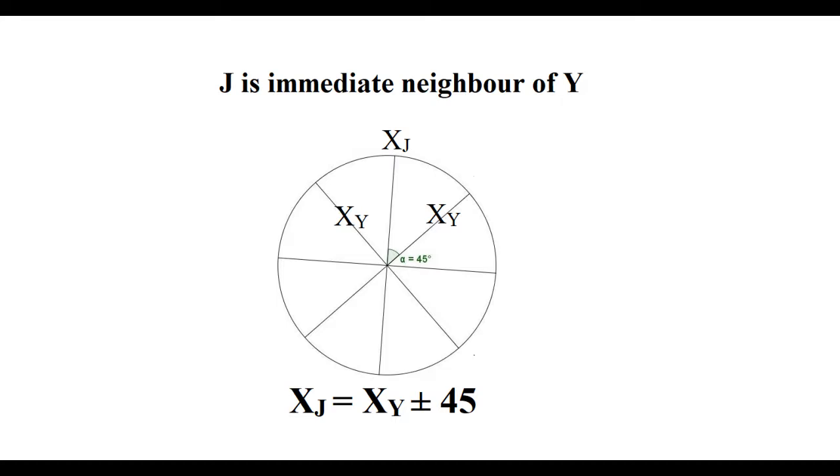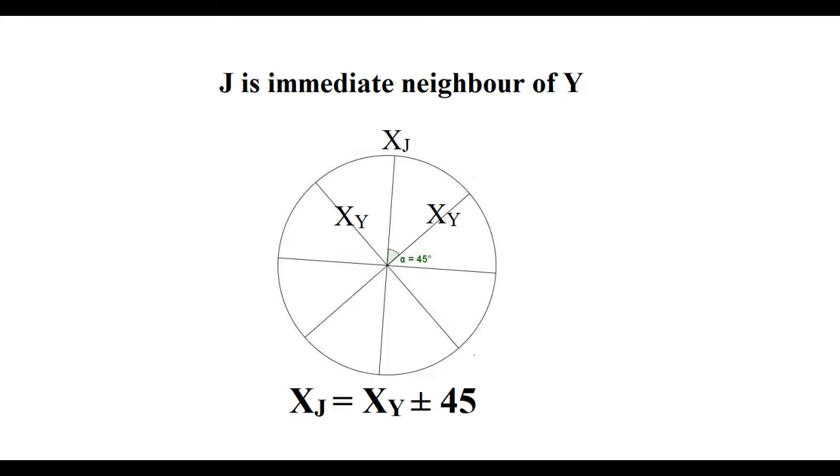Why plus or minus? Because one of them is true: either X_J is equal to X_Y plus 45 or X_J is equal to X_Y minus 45. This is how we can write our equation.